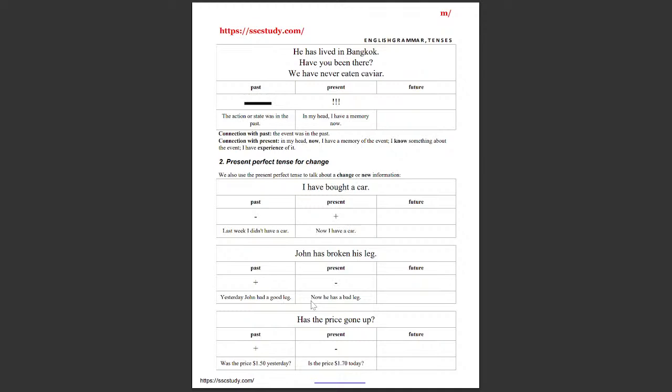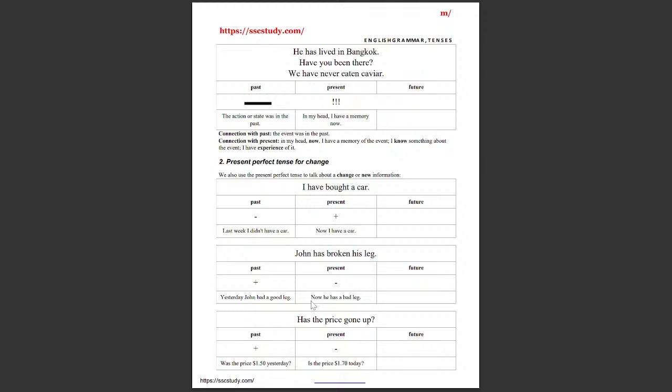He has lived. It's past. Somehow, somewhere in the past he was living in Bangkok. Have you been there? Somewhere in the past. We have never, like somewhere in the past. Okay, these are past tense.